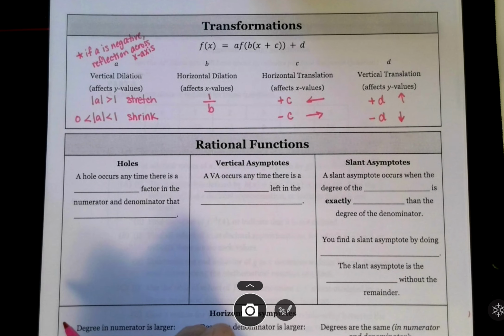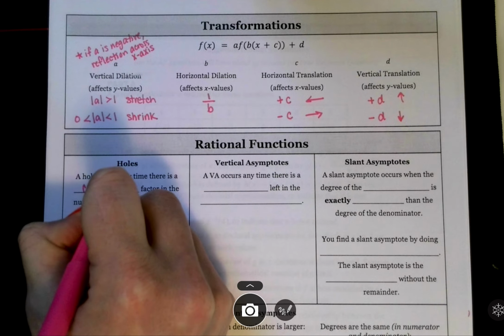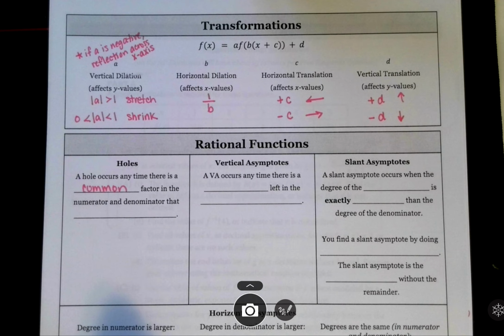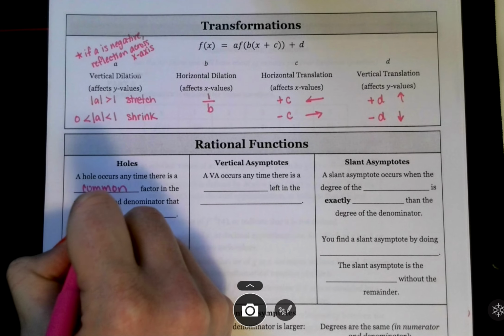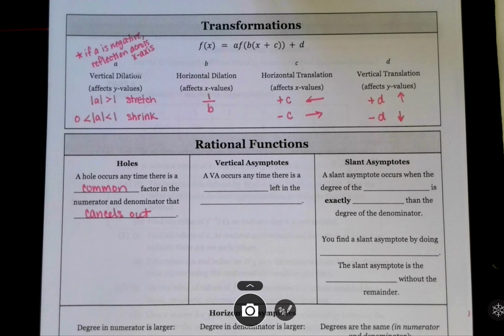So a hole occurs anytime there is a common factor in the numerator and denominator that cancels out. So if we have a factor that's in both and it gets eliminated.